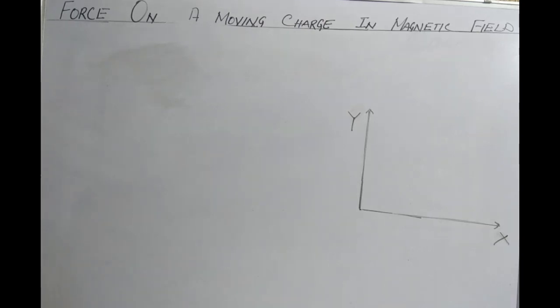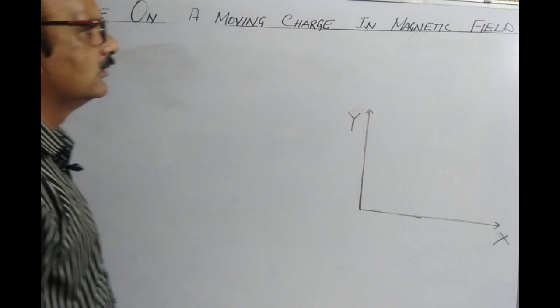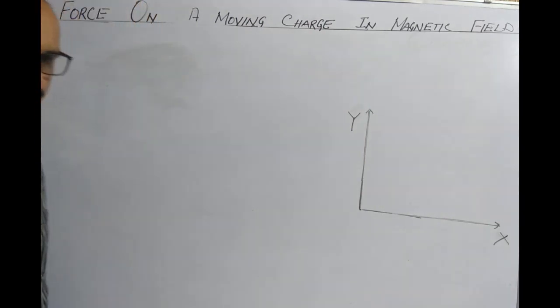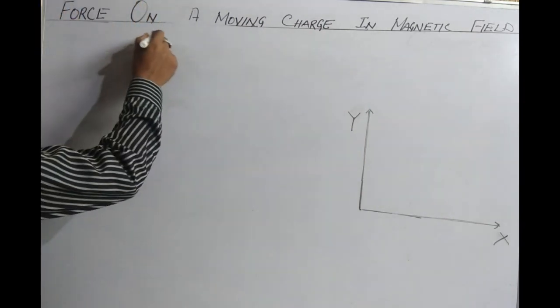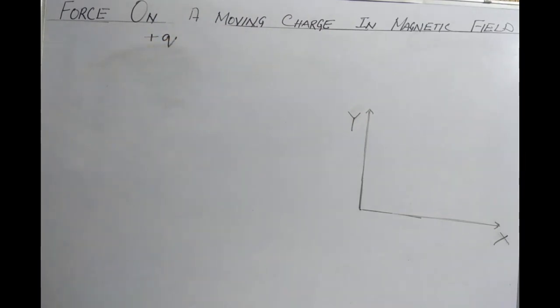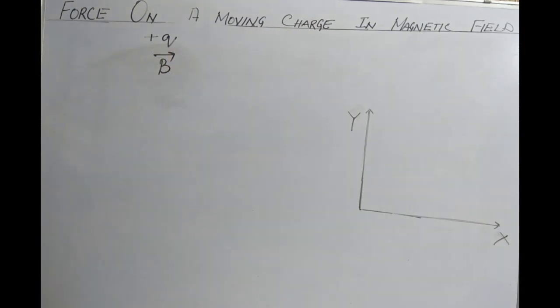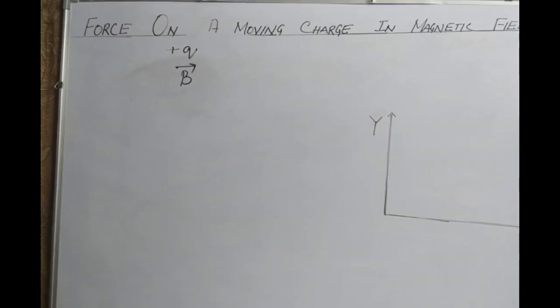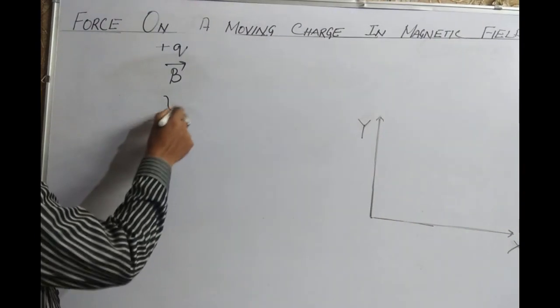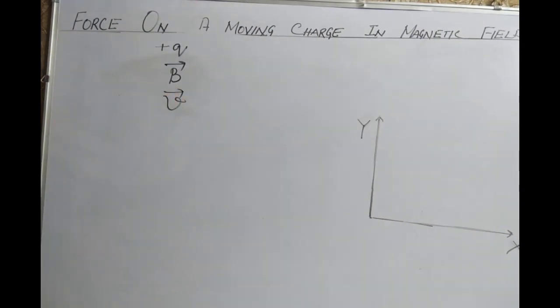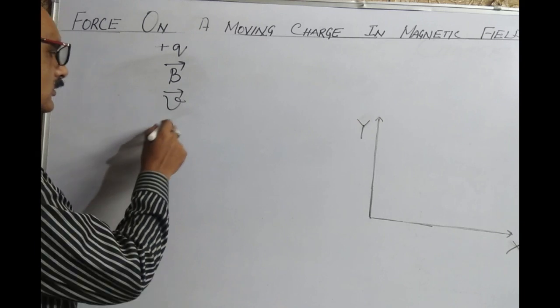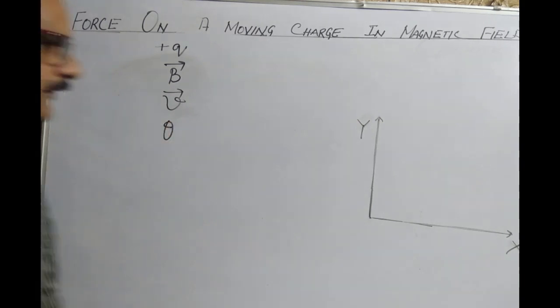Now we are going to discuss force on a moving charge in a magnetic field. Consider a positive charge Q entering a magnetic field with velocity vector V. Let the velocity vector V make angle theta with the magnetic field.